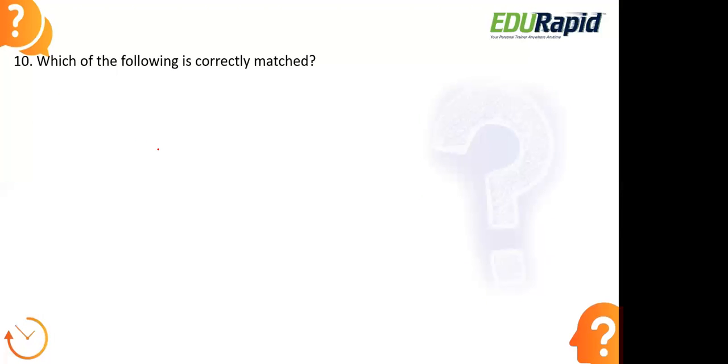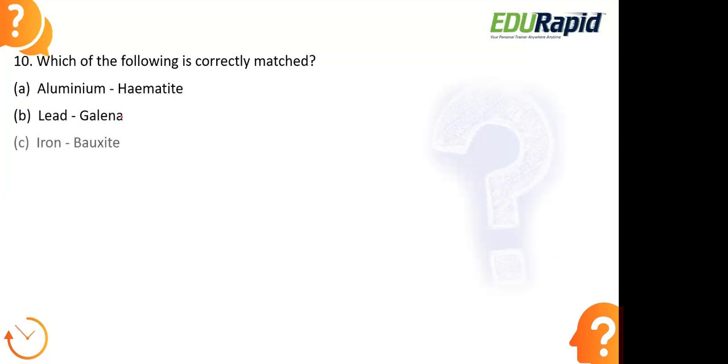Which of the following is correctly matched? Aluminium, hematite; lead, galena; iron, bauxite; magnesium, malachite.